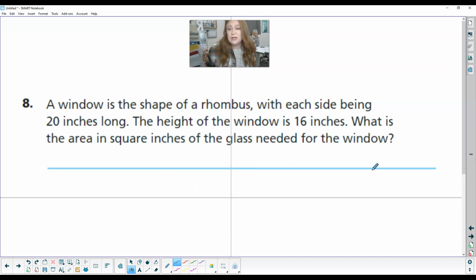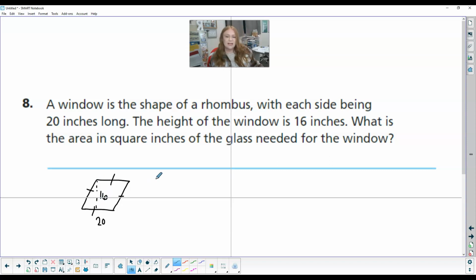Number 8 says a window is the shape of a rhombus. A rhombus is just a square parallelogram, so all of the sides are equivalent. Every side is the same, with each side being 20 inches long. So all of those are 20, and the height is 16.